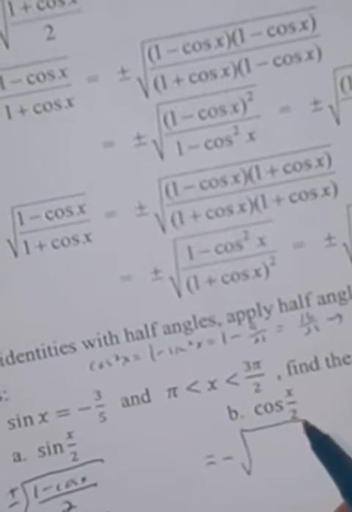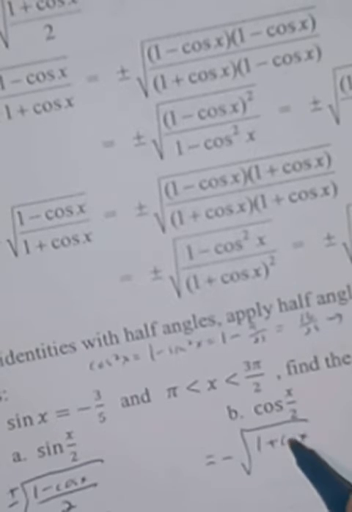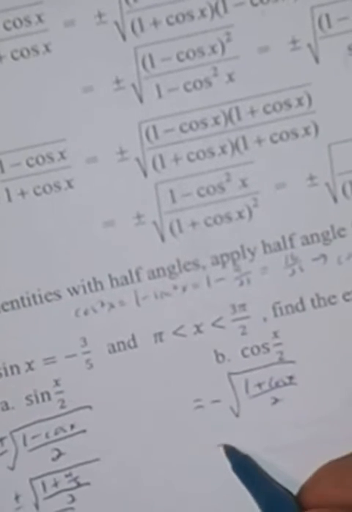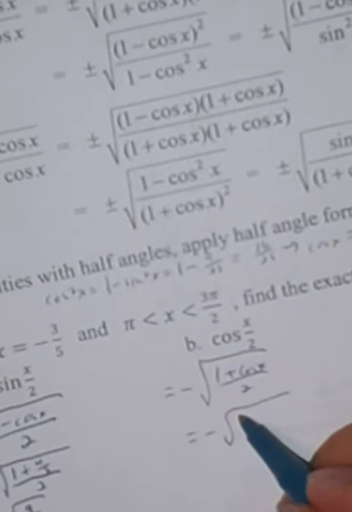Okay, all right. How about the cosine of x over 2? Again, in quadrant 2, it'll be negative. I'm sorry, negative. We already know, right? Square root of 1 minus, or plus, is it? Yeah, 1 plus, I'm sorry. 1 plus cosine x all over 2. This will be negative square root of 1 minus 4/5 all over 2.